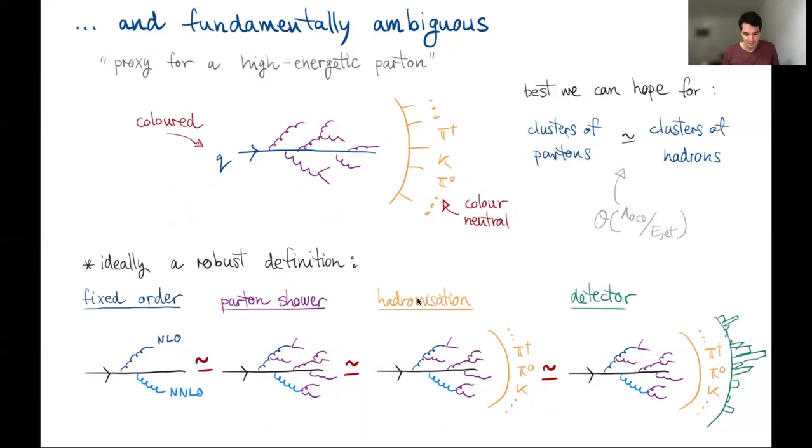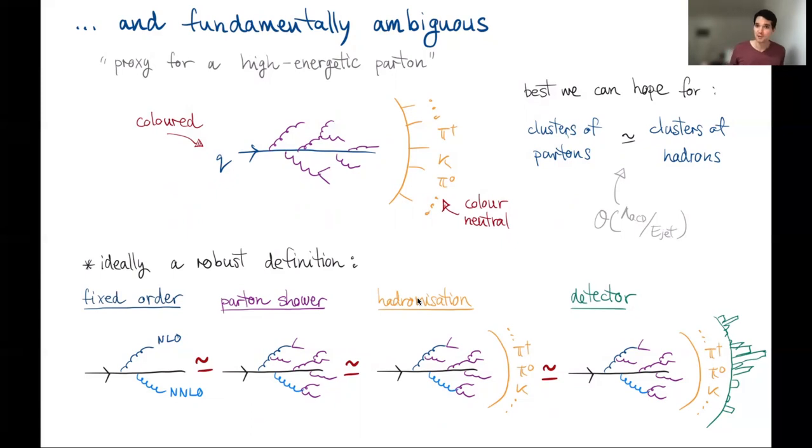Computing jets on the basis of this, or including a whole shower of partons after it, with or without hadronization, or ultimately on the experimental side at the level of detectors, you would like to have physics conclusions that are invariant with respect to which stage or which picture you apply this jet definition. Right? So in a way, you want a robust definition of a jet.